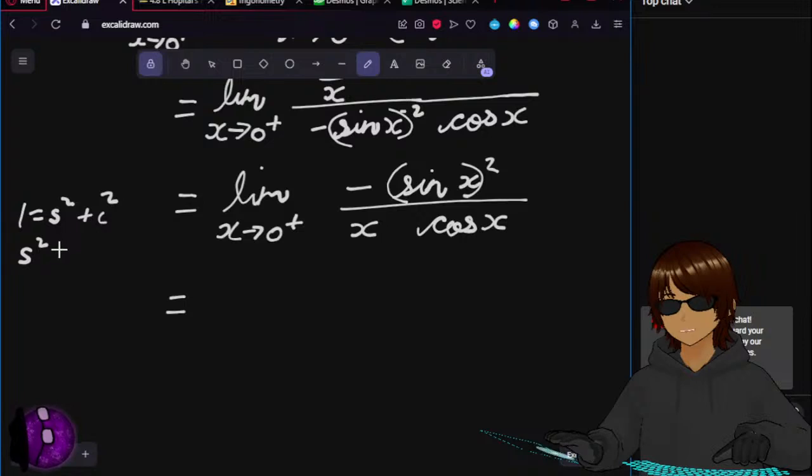Sine square x is equal to 1 minus cos square x.